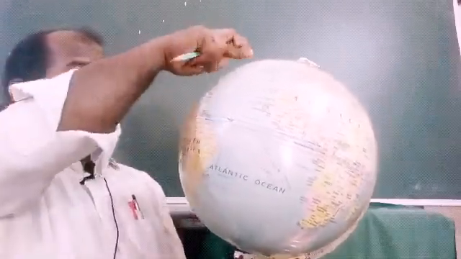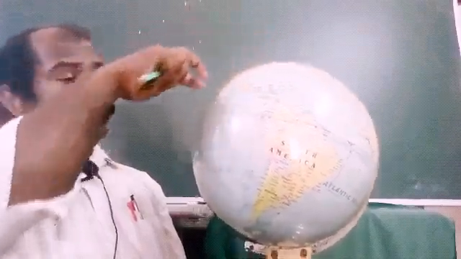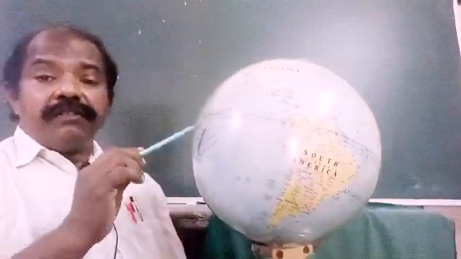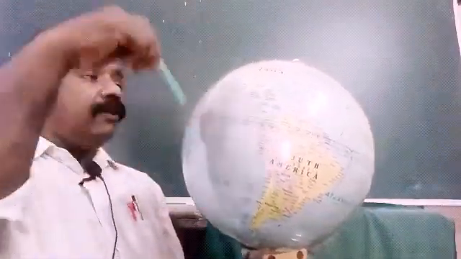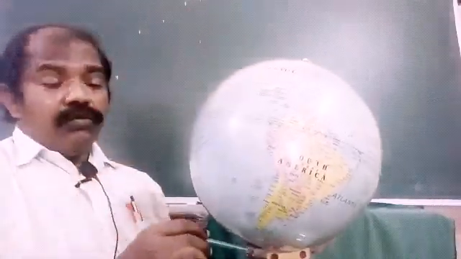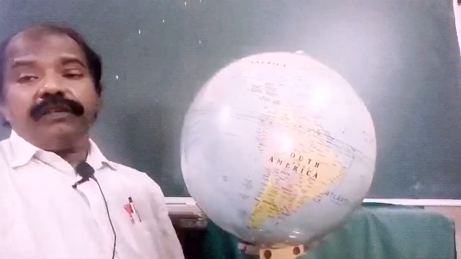You can also watch some lines from North Pole to South Pole. All around the globe there are lines which go from North Pole to South Pole. Many lines are there.